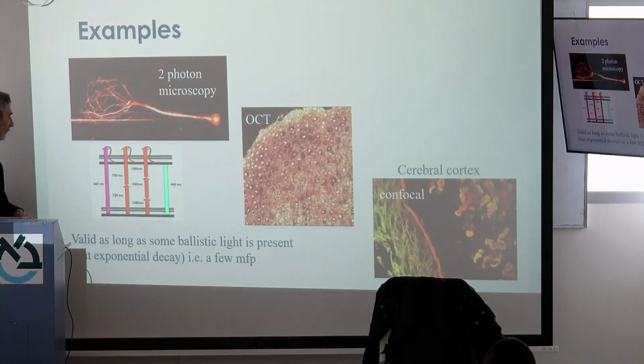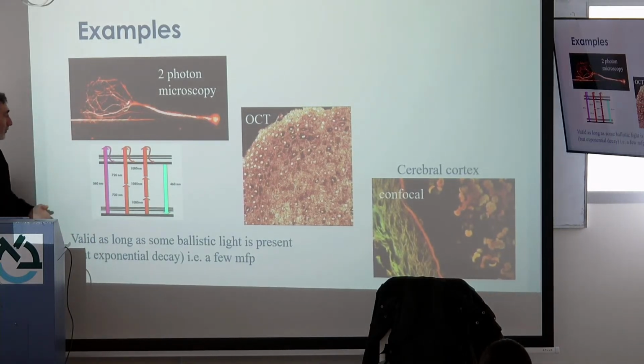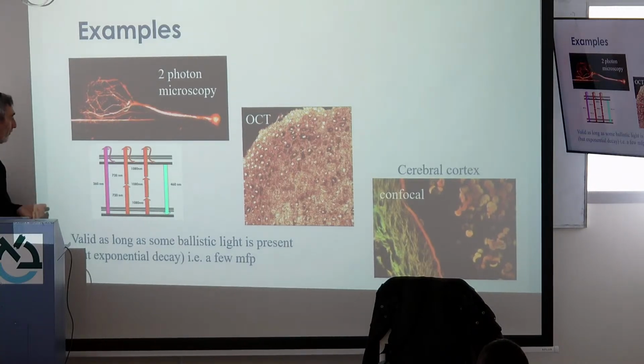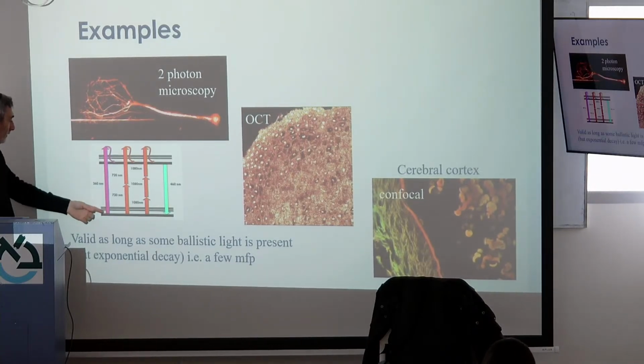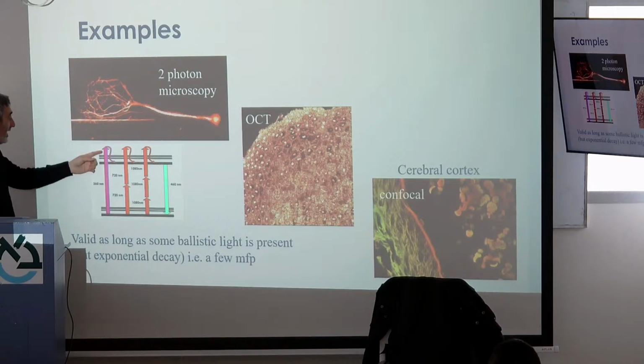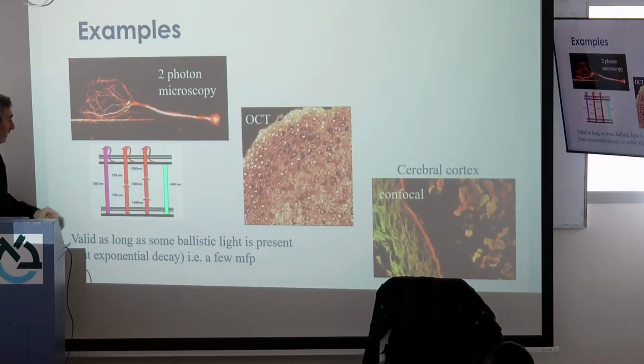Two-photon microscopy: you know that when you pump a system at a shorter wavelength than its emission, you have to use quite high energy light, and typically this will be strongly scattered.